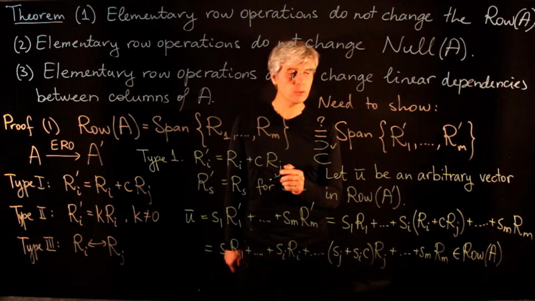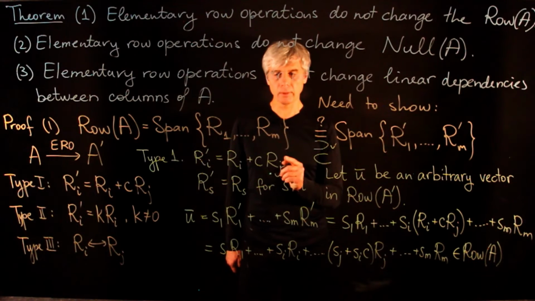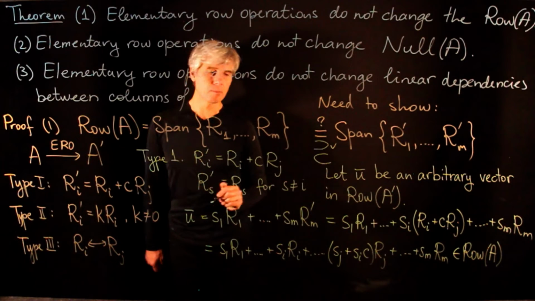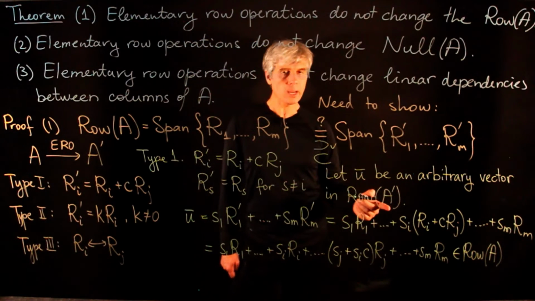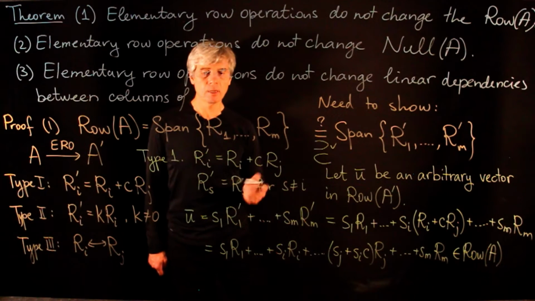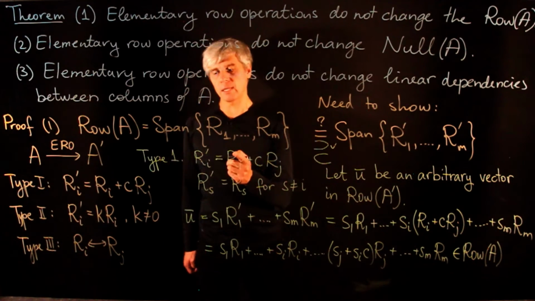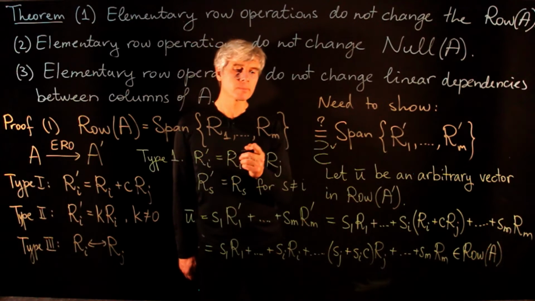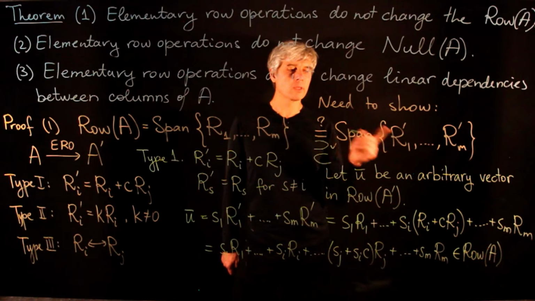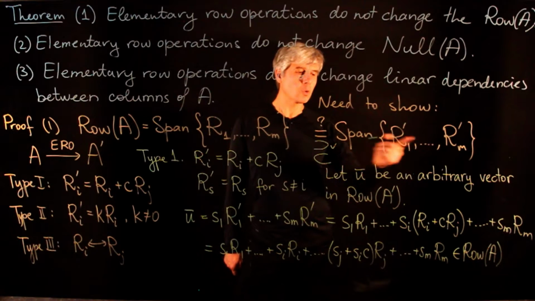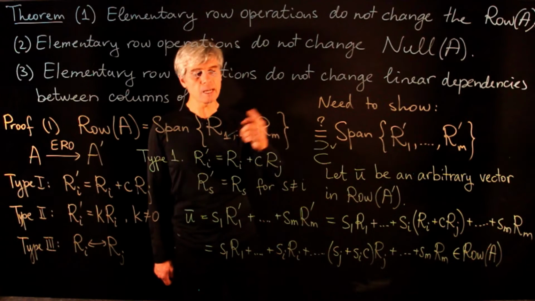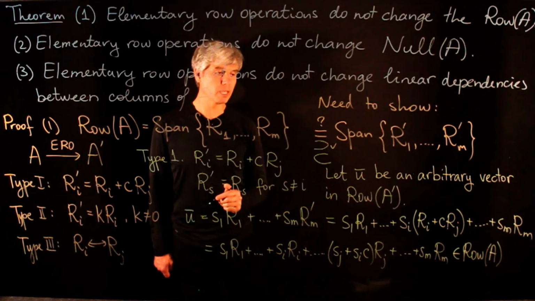is that our elementary row operations are invertible, right? So this means that the matrix A may be obtained from A prime by applying the same type of elementary row operation. But what we just proved is the following, that if we take a matrix and apply an elementary row operation, then the row space of the new matrix is a subset of the row space of the old matrix.